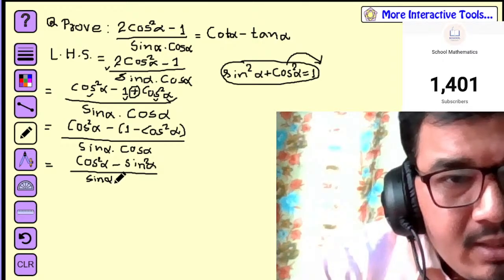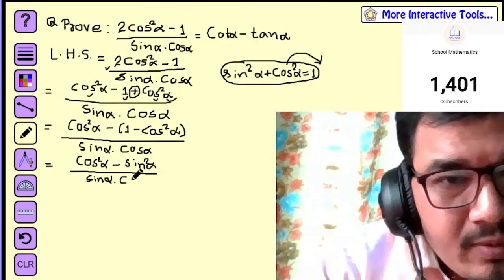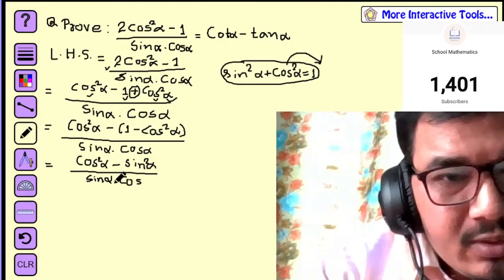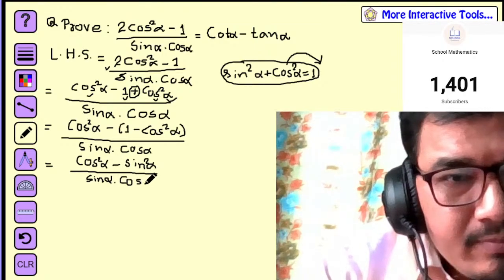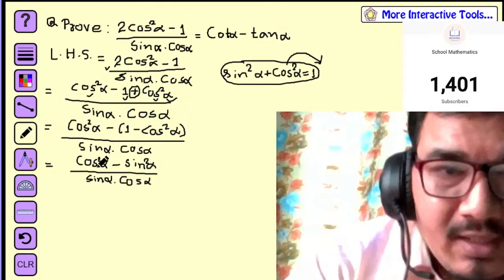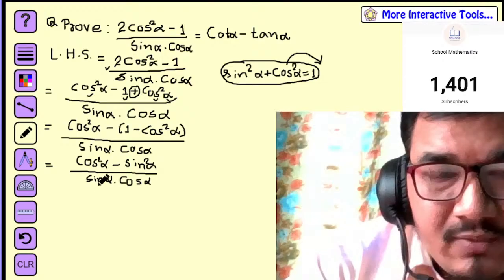Write sine alpha into cos alpha only. There is no square in the denominator, right? Write the same, sine alpha cos alpha only, okay? And in the upper one there is a square, right?